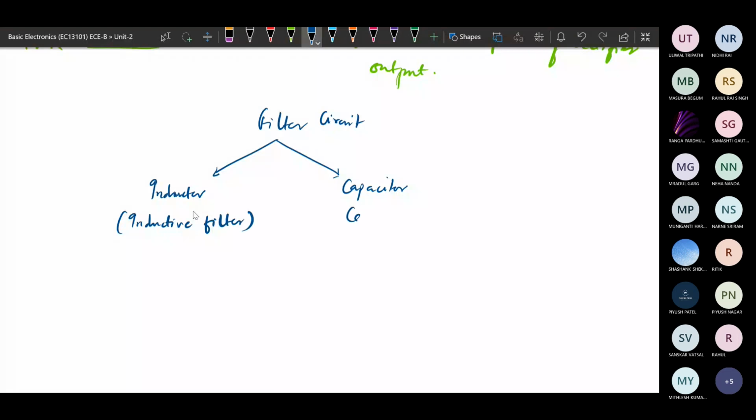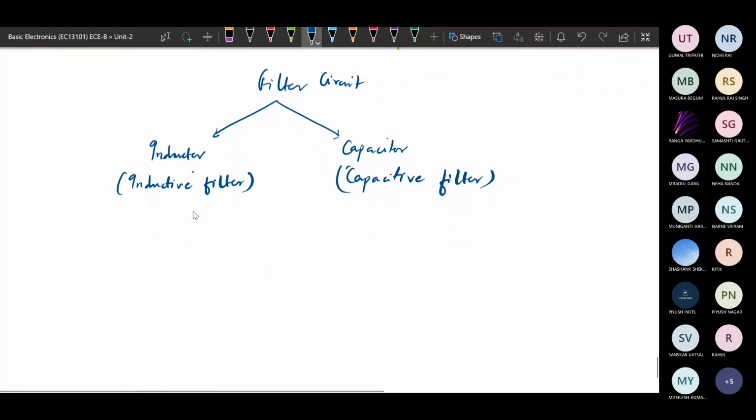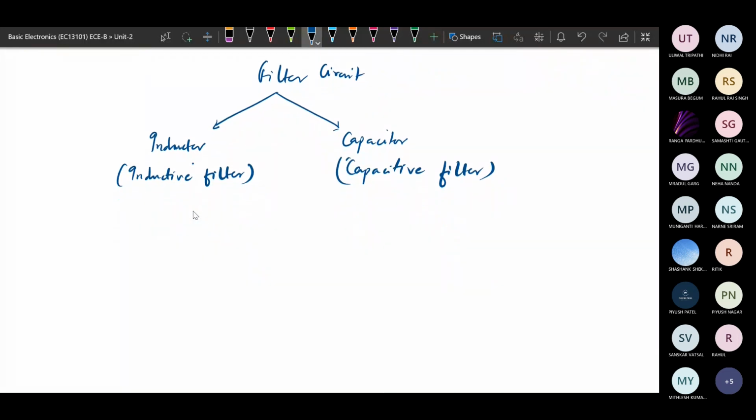If we use a capacitor, it will be a capacitive filter. So we will start with the inductive one first.